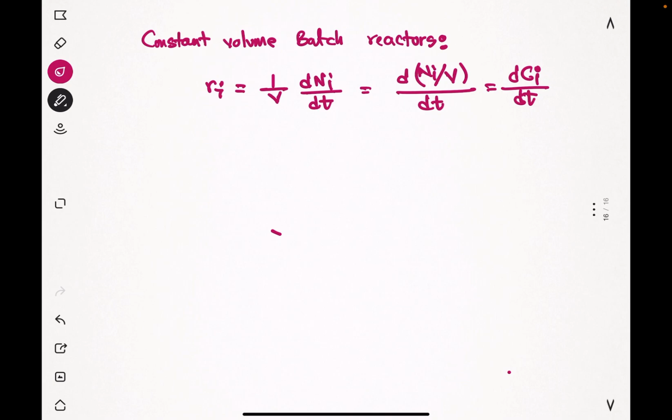So this is how the concentration is related to the rate of the reaction.